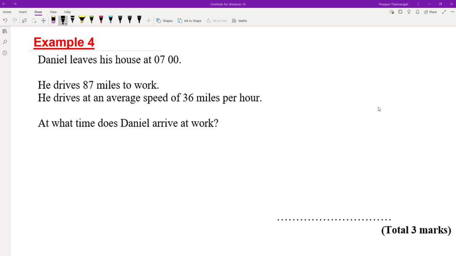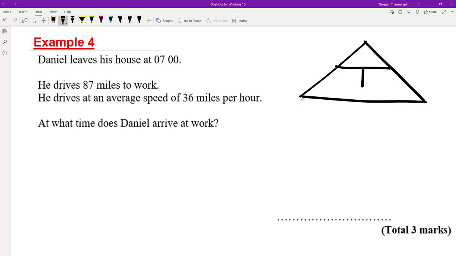Okay, so now we have a triangle. Speed, distance, and time. And then the question states, Daniel leaves his house at 7 o'clock in the morning.